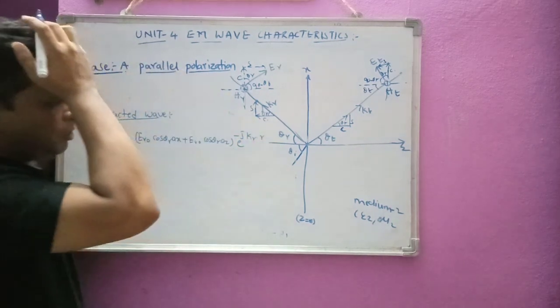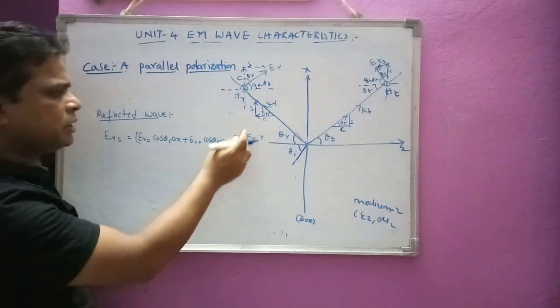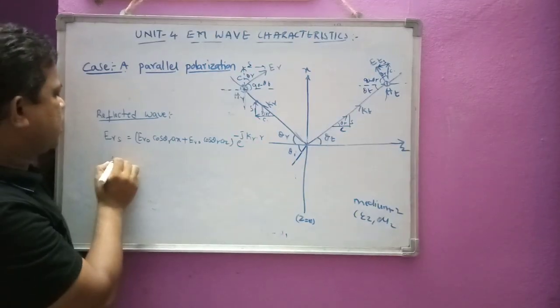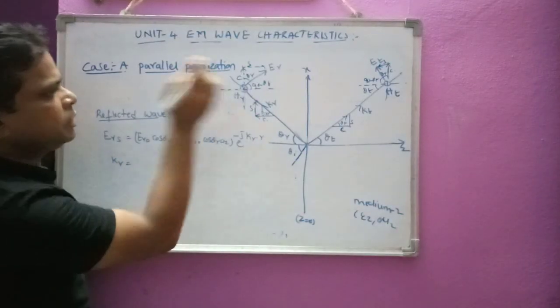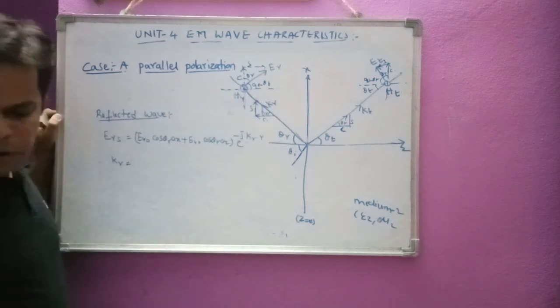Now I have to find the k_r and r dot product here, so that I can substitute. Now k_r I have to find. This is along the negative z direction, and this is along the positive z direction.